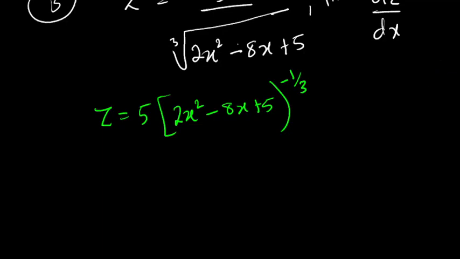So carrying out the differentiation dz/dx, we have 5, minus 1 over 3 will come down.